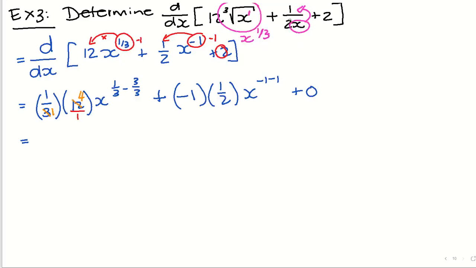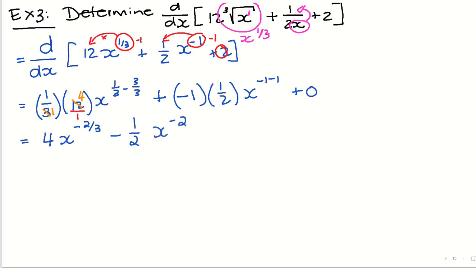So we can write this as 1 times 4, which is just 4, x to the 1 over 3 minus 3 over 3. 1 minus 3 gives me minus 2 over 3. And here we end up having a minus 1 times a half, which leaves me with minus a half. And minus 1 gives me x to the minus 2.